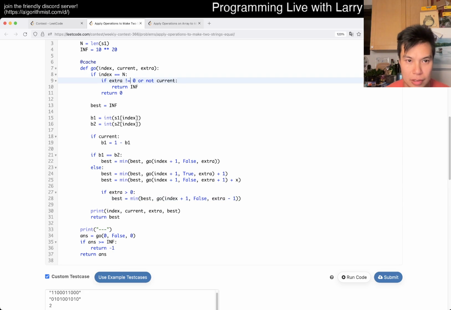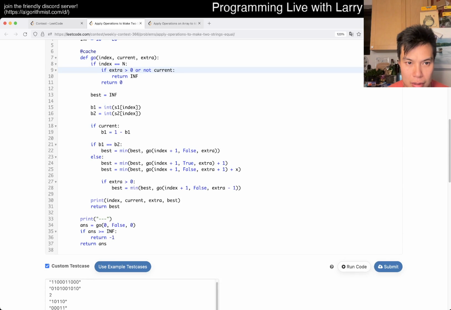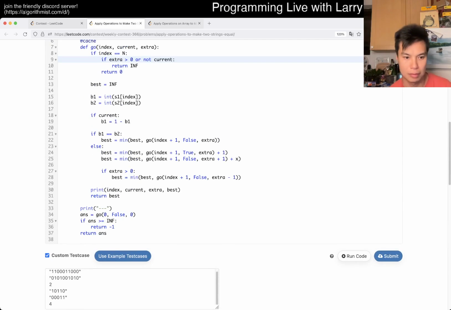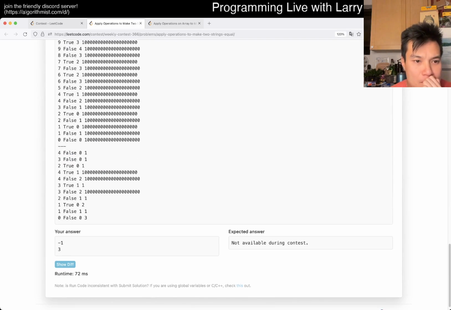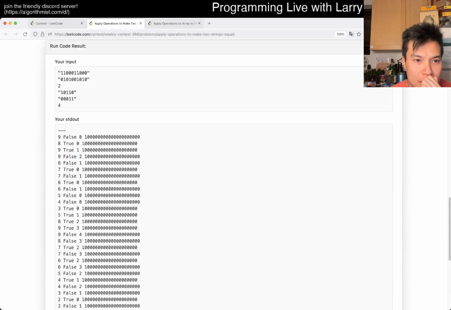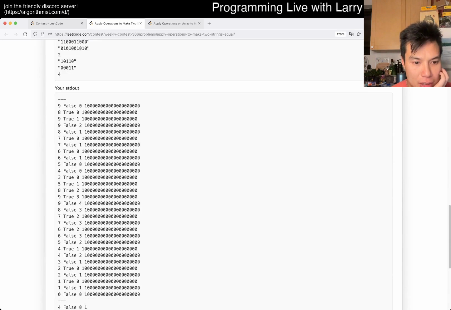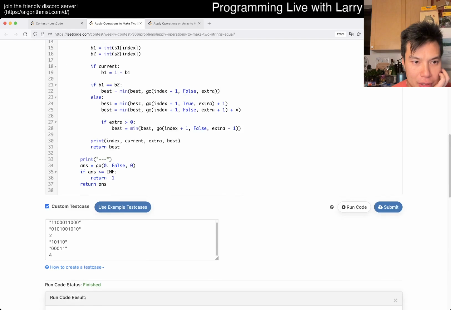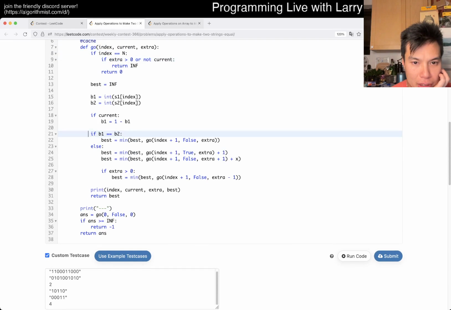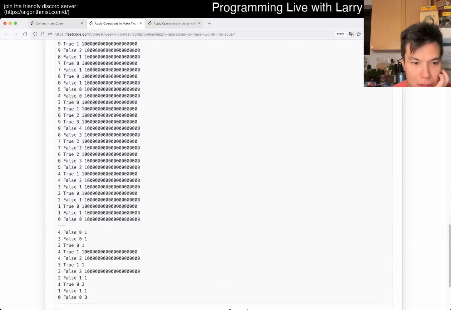If extra is greater than 0 or not current. Three and okay, 3, that's fine, and then 4. But 4 is not the same, right? So that means that 4 is not the same. So it's either doing this or this. Or this. No, 4. But 4 false.